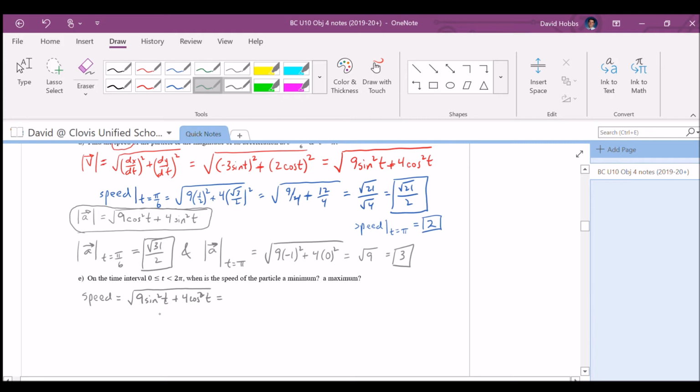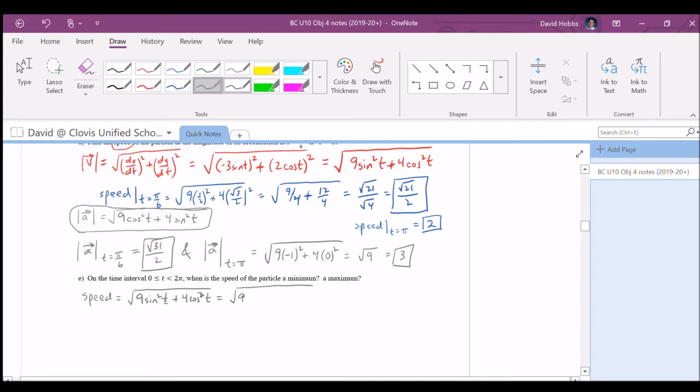Now, typically when we're doing max-min, we need to take the derivative and set it equal to 0 and all that kind of stuff. But let's try to get it so it's just either sines or cosines. We can do that by substituting for either sine squared or cosine squared. I'm going to substitute for cosine squared.